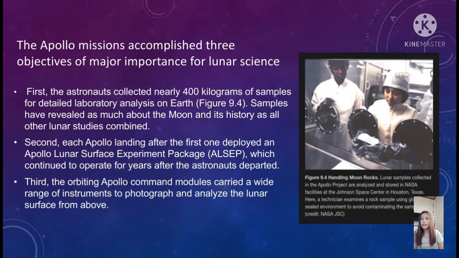In addition to landing on the lunar surface and studying it at close range, the Apollo missions accomplished 3 objectives of major importance for lunar science. First, the astronauts collected nearly 400 kilograms of samples for detailed laboratory analysis on Earth. These samples have revealed as much about the moon and its history as all other lunar studies combined.